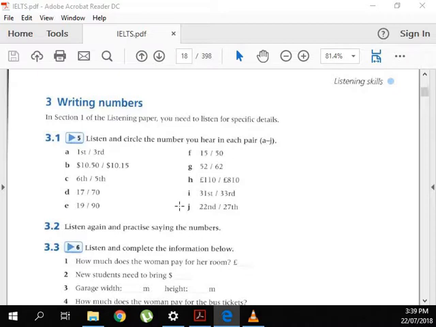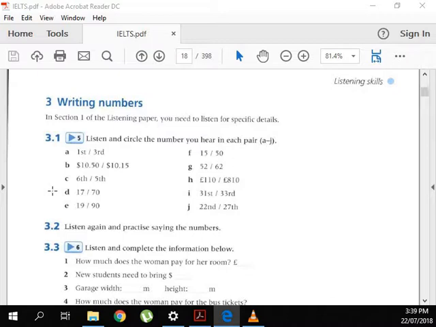Okay, this is very simple. The first one was third. The second one, $10.50. The third one, sixth. Fourth, D, it's 70.